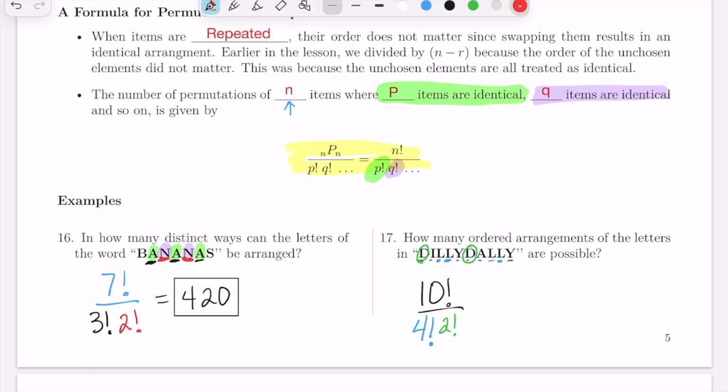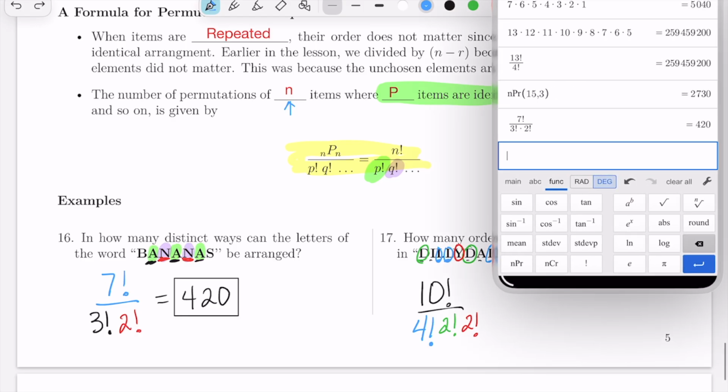And then I also see I have 2 Y's down here as well. So I'll put another 2 factorial down on the bottom. I think that's everything. Let's just double check. The only thing that's left is this I and this A, and those are not repeated letters. So we're good. We're just going to put this into the calculator and then we'll be done.